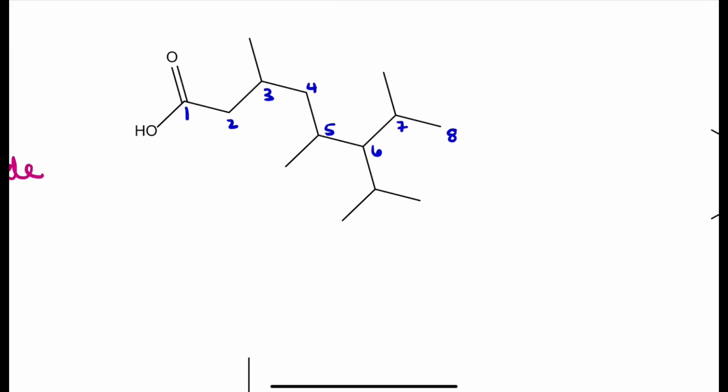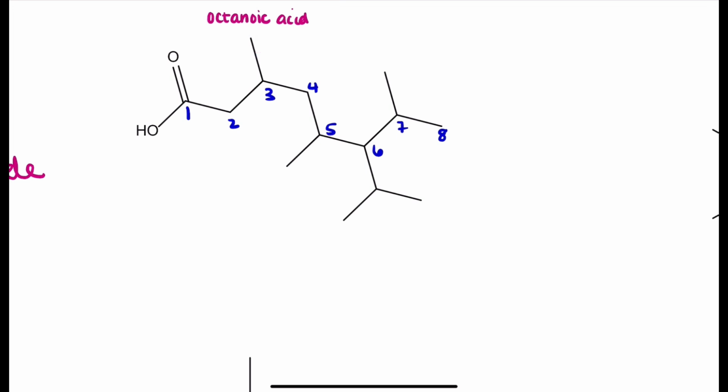Notice it doesn't matter which way I do the 7, 8 here. It's going to give me an isopropyl group at the 6th carbon. If I do 7, 8 here, this is my isopropyl group at the 6th carbon. If I do 7, 8 here, same thing. It's going to give me the same compound. So let's do this. I have 8. I know 8 is oct. This is going to be an octanoic acid because it's a carboxylic acid.